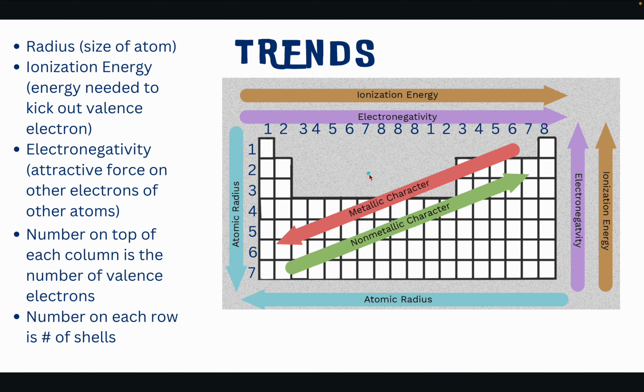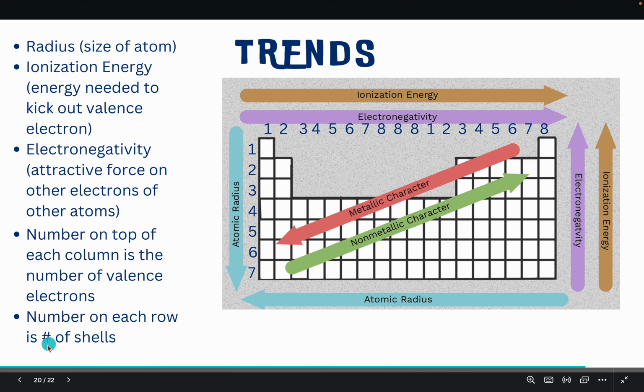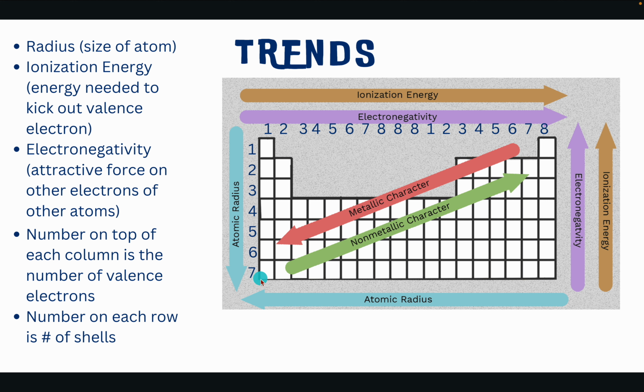Alright, let's discuss trends. So radius is the size of an atom. The number on each row is the number of shells. 1 shell, 2 shell, 3 shell, 4 shell. The radius increases the more shells there are. Then ionization energy: you need to kick out the valence electron. This follows the opposite trend of radius. Radius increases as you go down and decreases as you go across.